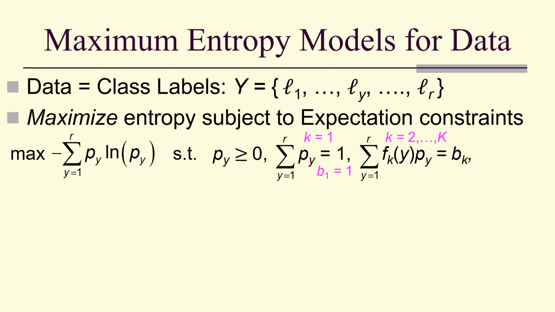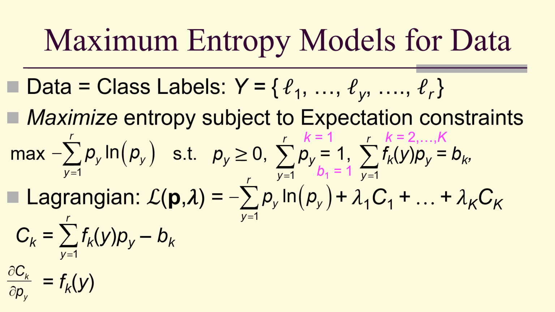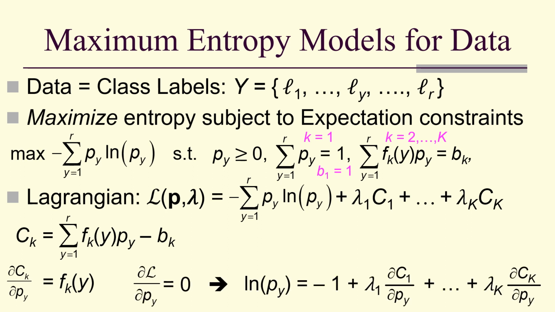And this will be the constraints k equals 2 to capital K. Our Lagrangian looks like that. We take the C sub k's to be these expected values minus B sub k. And notice that the derivative with respect to P sub y is just F sub k of y. And there's our familiar friend.